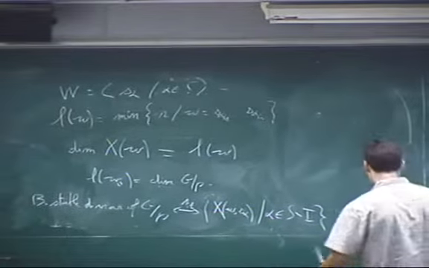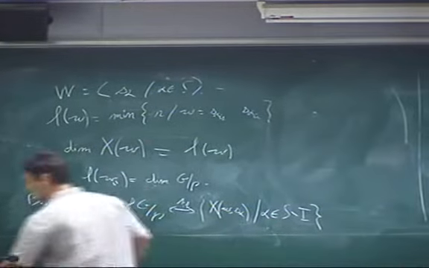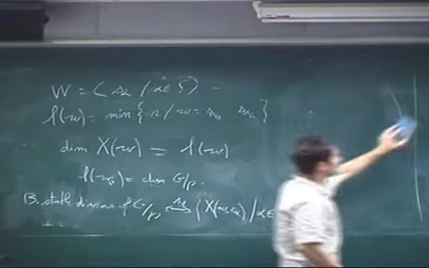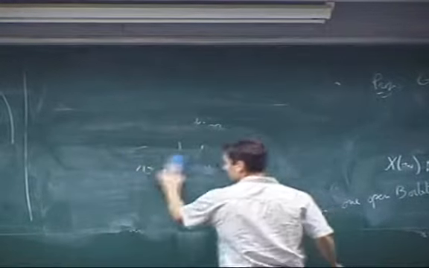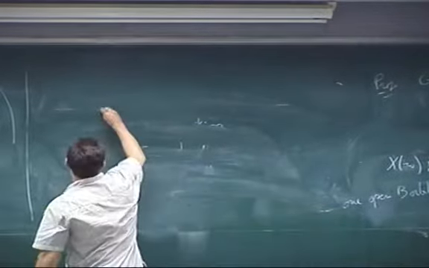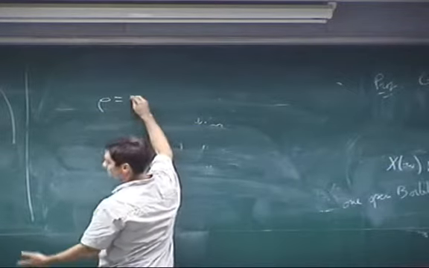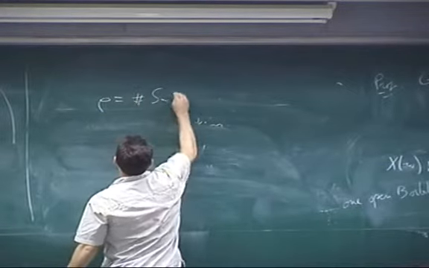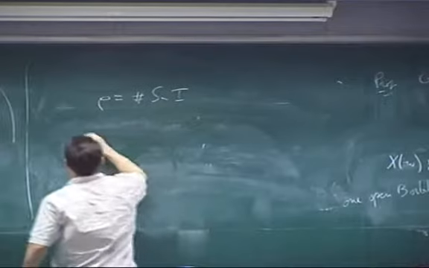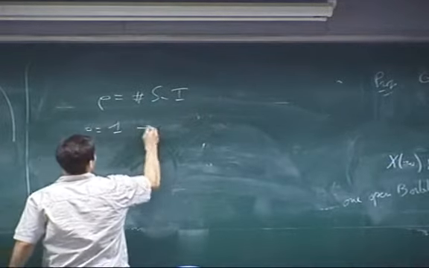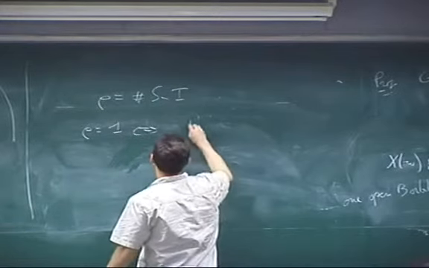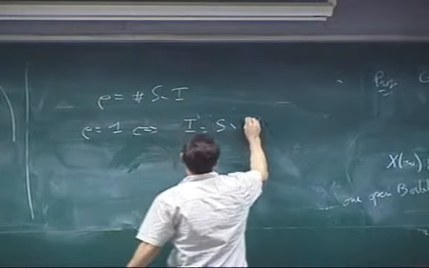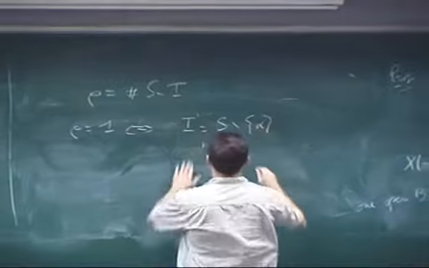So in particular, you can compute the Picard number of G mod P. And it is equal to the cardinality of S minus I. And rho is equal to 1 if and only if I is equal to S minus one root.